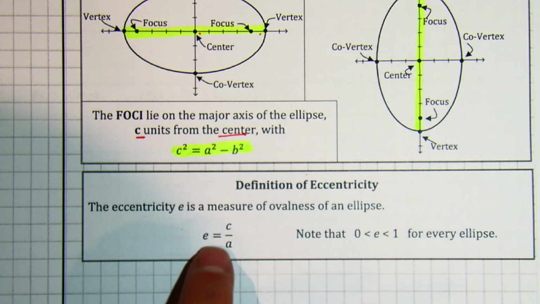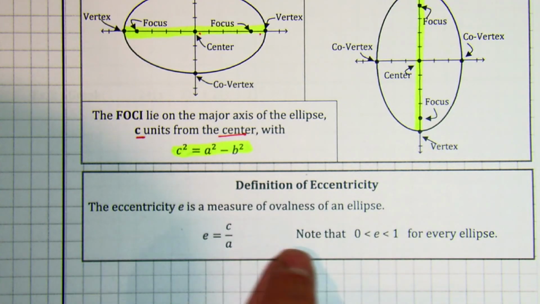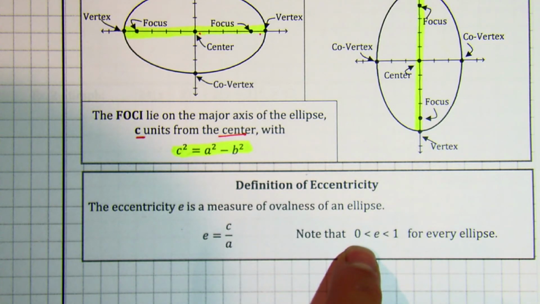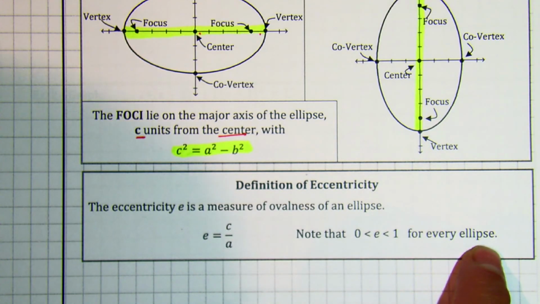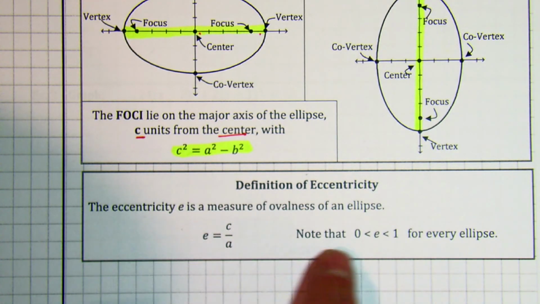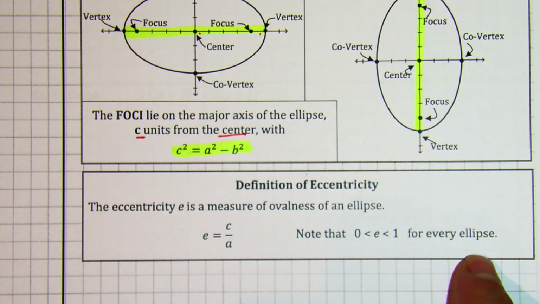If e is equal to c over a, know that if it's between 0 and 1, then that's going to be an ellipse. So for an ellipse, once you find the value of e, if it's between 0 and 1, then we know that's going to be an ellipse. Once you get to hyperbolas, parabolas, and circles, they'll have different values for e.